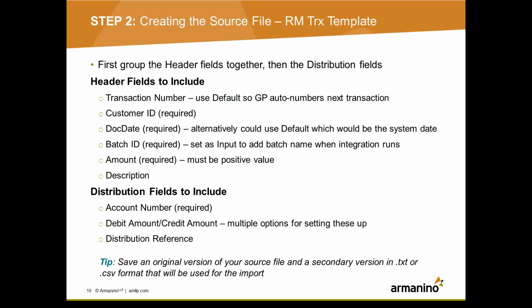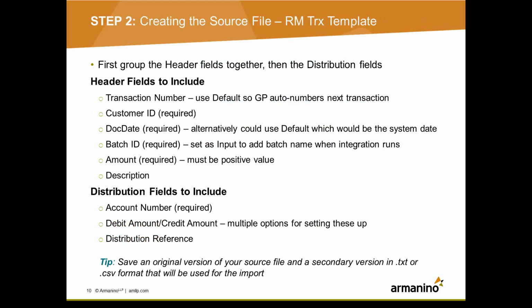Okay, and now that you're on to creating your source file, as we stated, you're going to have header information and distribution information. For simplicity's sake, I always recommend that you group the header information together. I usually put that first on my document because it will remain the same within the same transaction. It will be identical.